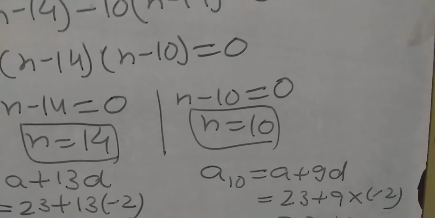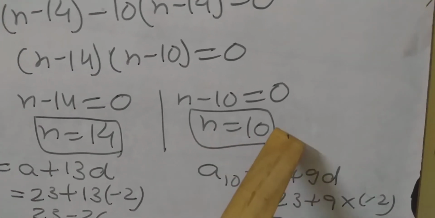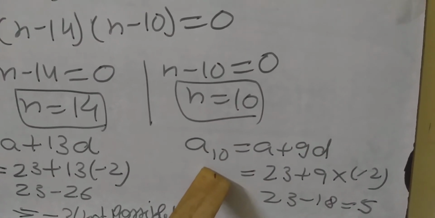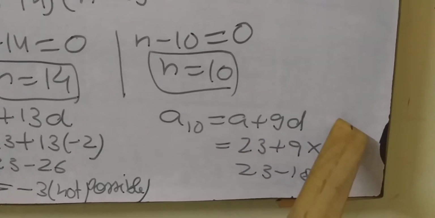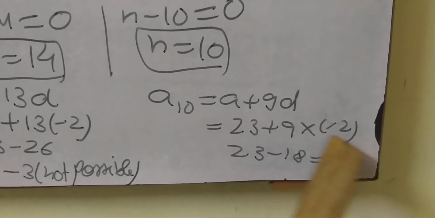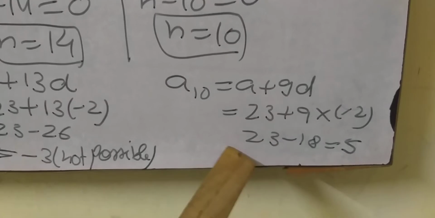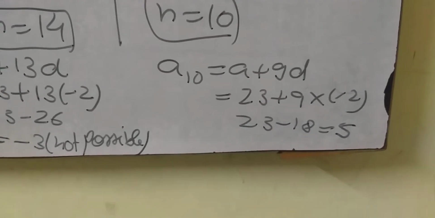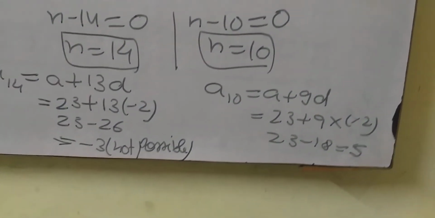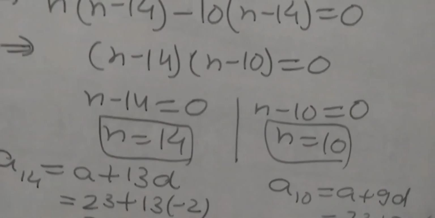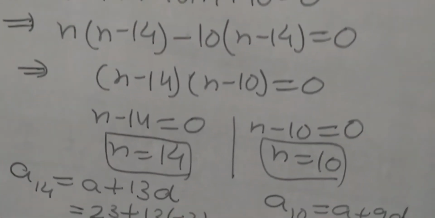Now students, n equals 10 also. Let us find out the 10th term. a10 equals a plus 9d, 23 plus 9 into minus 2, 23 minus 18 equals 5. So 5 rose plants will be there in the last row.